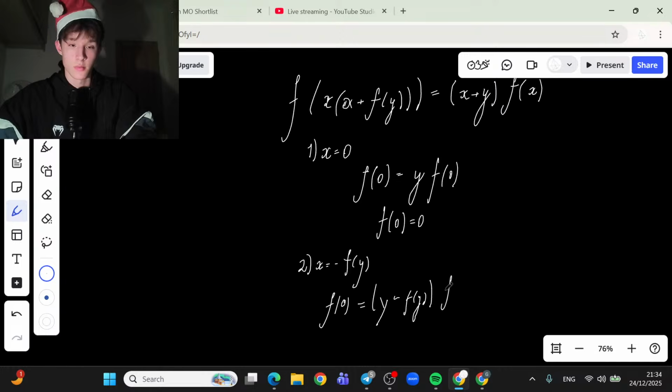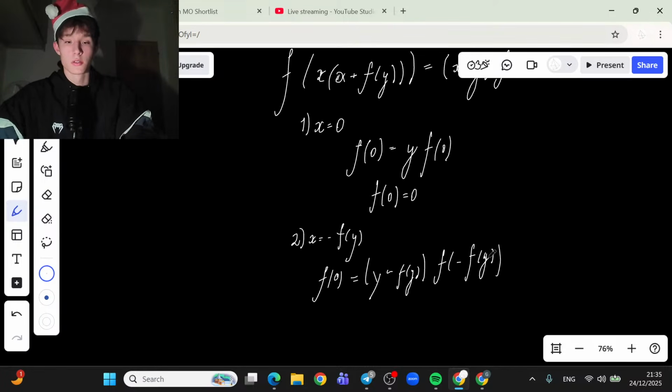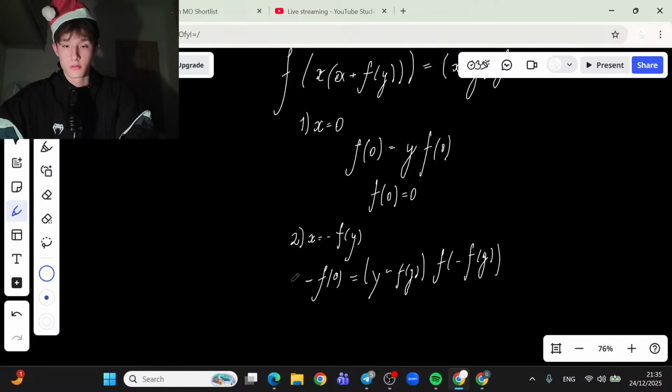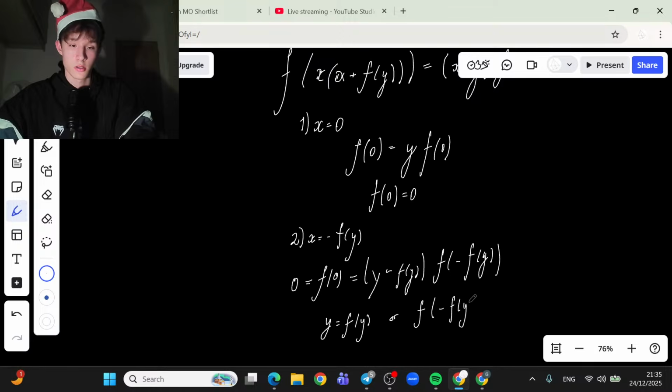And obviously this thing is equal to 0, so either we get that y equals f of y, which would make us happy, or we have the case that f of minus f of y is 0.